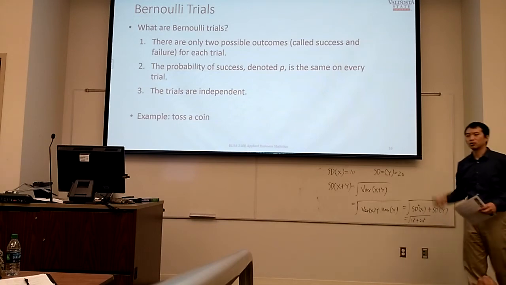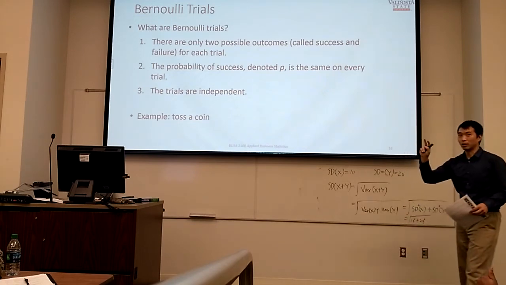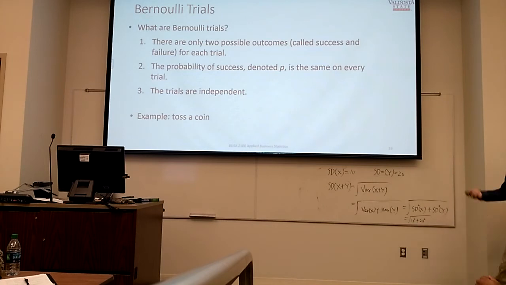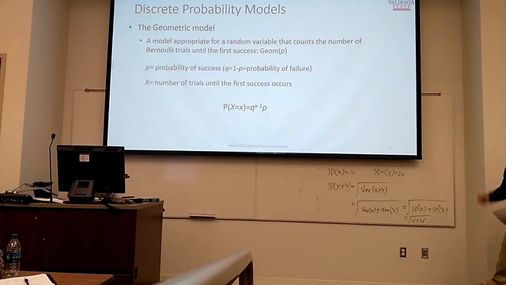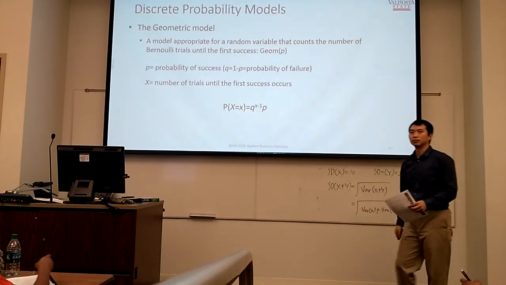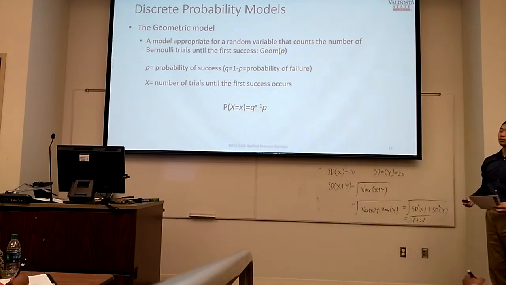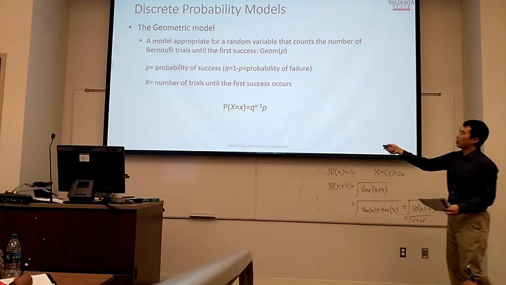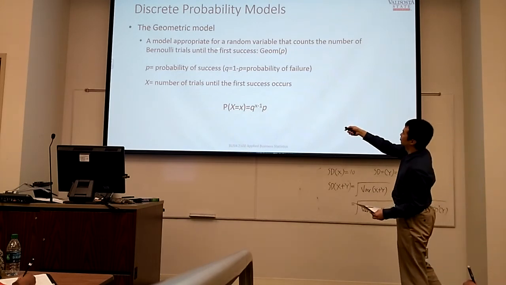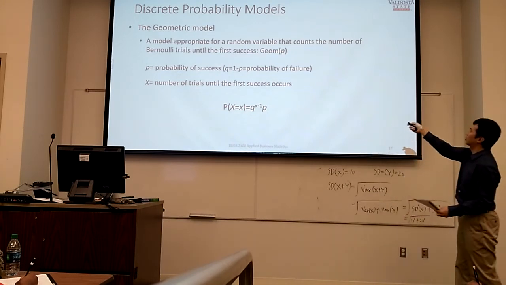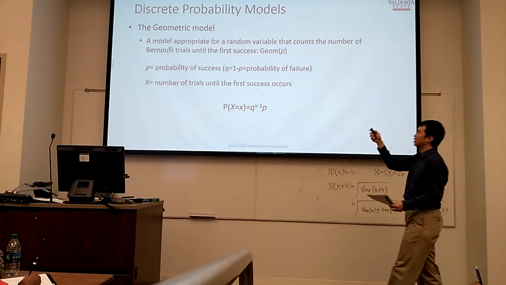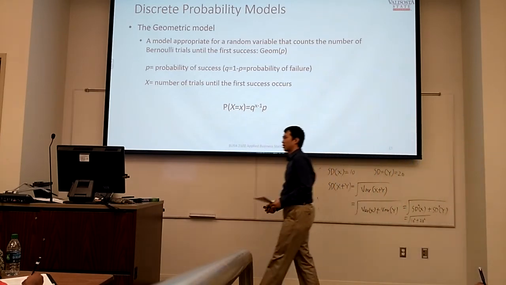So based on this Bernoulli trial, we can discuss several probability models. The first one is called the geometric model. So what does the geometric model do? That's a model for a random variable that counts the number of Bernoulli trials until the first success.